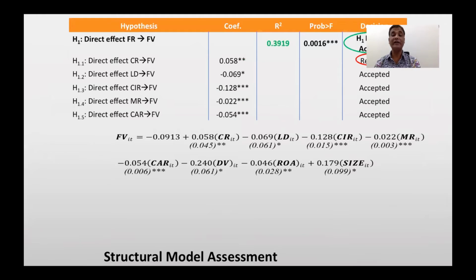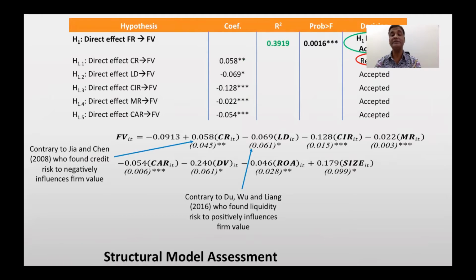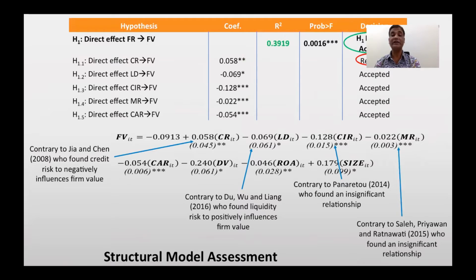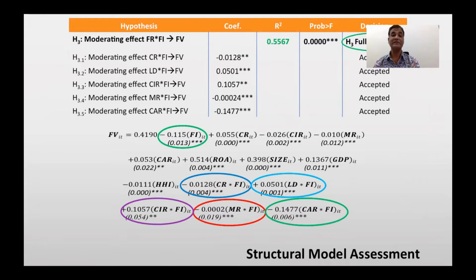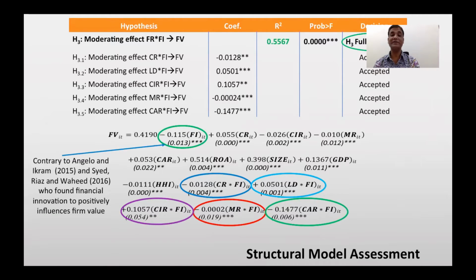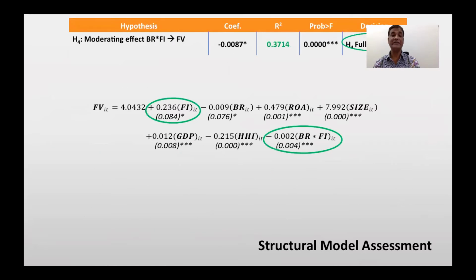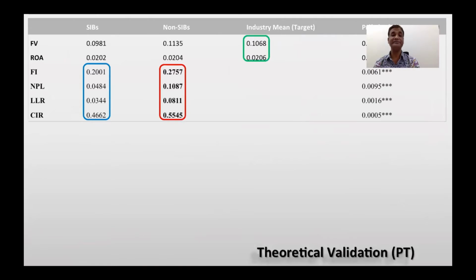You can see even the model being presented, with significant or not significant results highlighted and compared with findings of previous researchers. That's how he presented his results. The acceptance and rejection of hypotheses are presented in the model that he developed for his study.